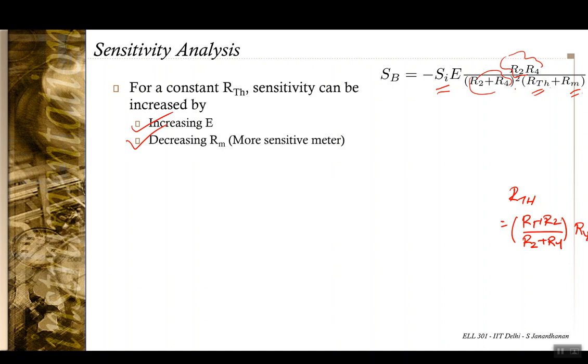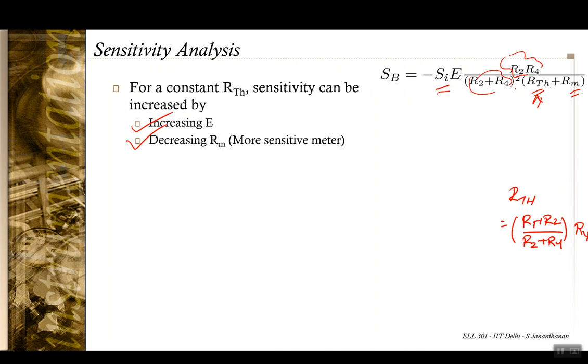However, using a more sensitive meter is not going to solve the problem to a larger extent, because if RTH is larger compared to Rm, then RTH plus Rm doesn't change significantly, so it is not going to change the sensitivity too much.